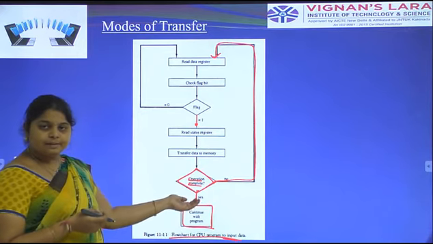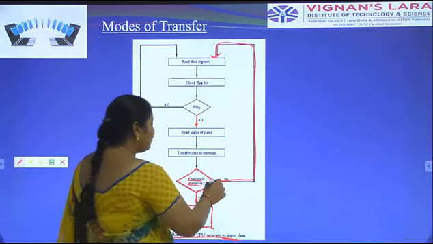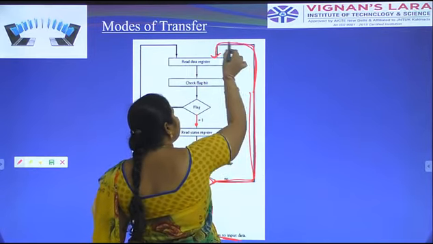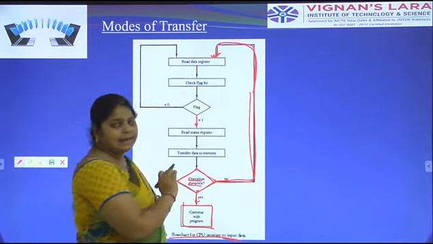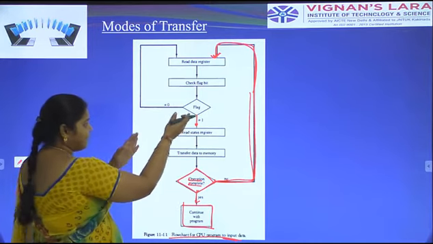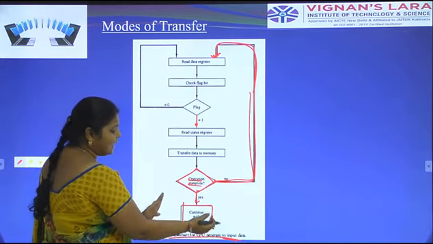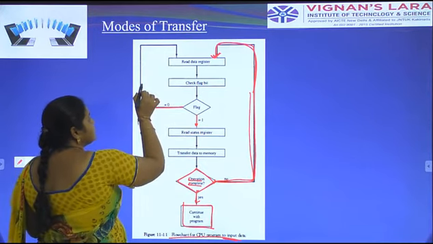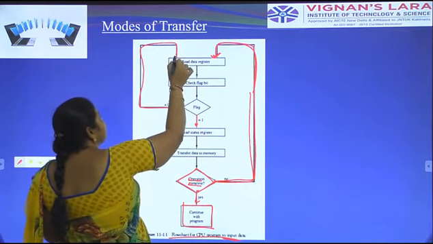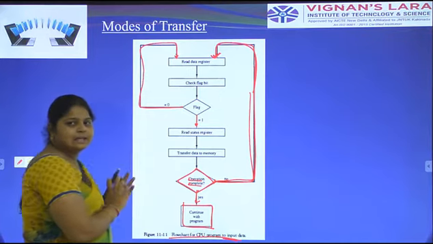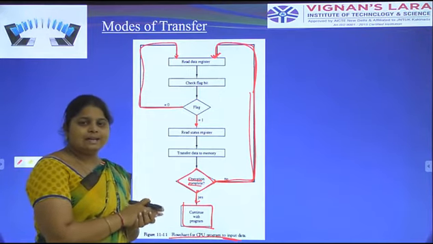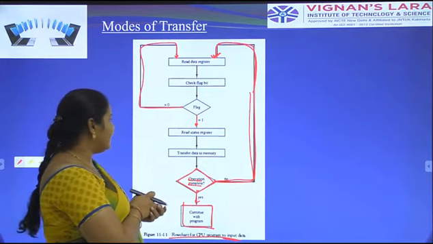But if the operation is not completed, the operation will be repeated from the read data register. If the flag bit is 1, the process continues with the program. If the flag bit is 0, it indicates that the data register does not contain any data.